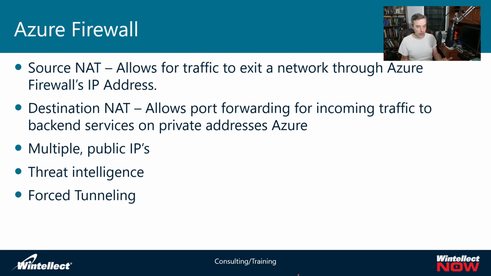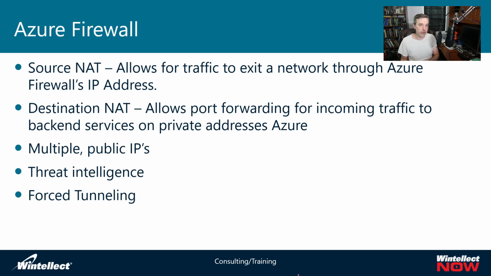And so having forced tunneling allows us to prevent outbound traffic from leaving a specific subnet or VNet or a VPN, and it can then force it back over a VPN or an ExpressRoute, or vice versa. It can go out through the firewall, but it allows us to control the entry and exit point of traffic onto a network through forced tunneling. So these are some of the features that come out of the box with Azure Firewall.